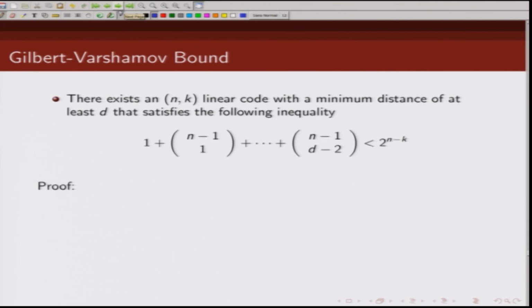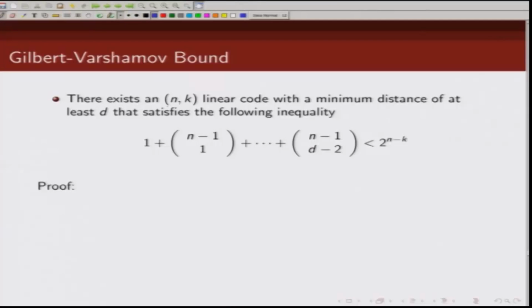Finally, we conclude this lecture with the Gilbert-Varshamov bound. So, what does the Gilbert-Varshamov bound say? If you have an (n, k) linear code whose minimum distance is at least d, then the following inequality must be satisfied. And what is this inequality?